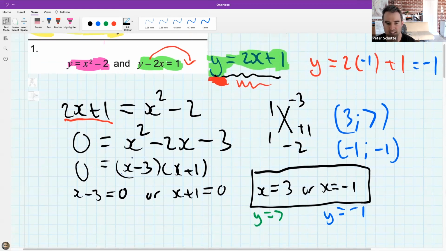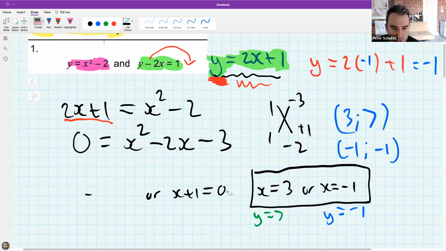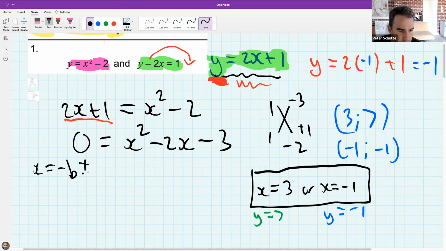Would it be helpful if I got to the solutions using the formula, Chuma? Yes, sir, the formula. Okay, let me do that because I think a lot of students, that's what the question will be about. So let's think about the quadratic formula, which looked like that.